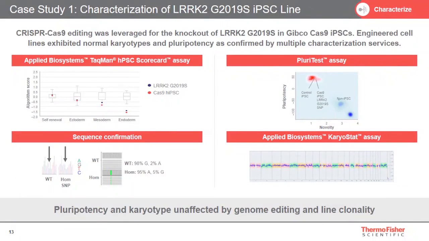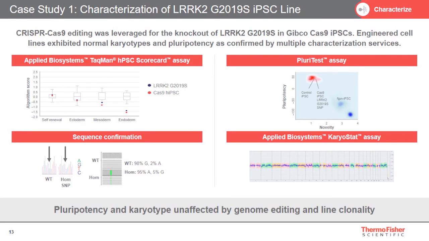So after introducing the LRRK2 G2019S SNP, we reconfirmed targeting of the LRRK2 gene by Sanger and next-generation sequencing, seen in the bottom left panel. We then examined the quality of the edited iPSCs. We ran the TaqMan scorecard, the PluriTest, and the KaryoStat assays to assess the state of pluripotency, as well as the karyotype of the edited iPSCs.